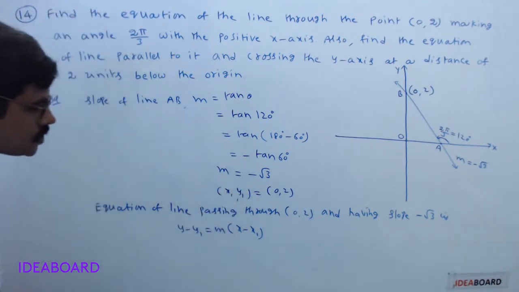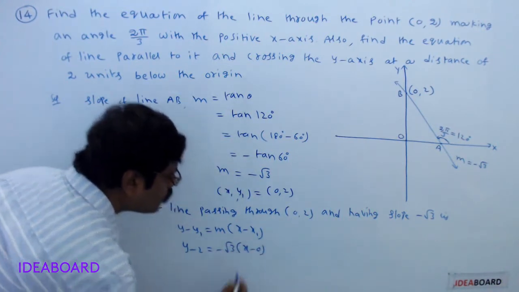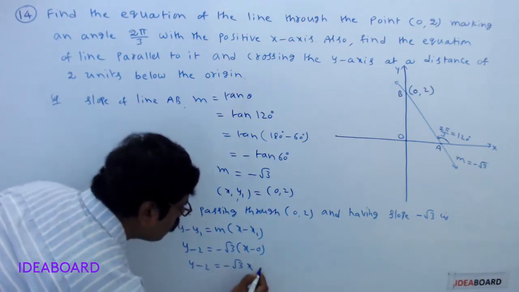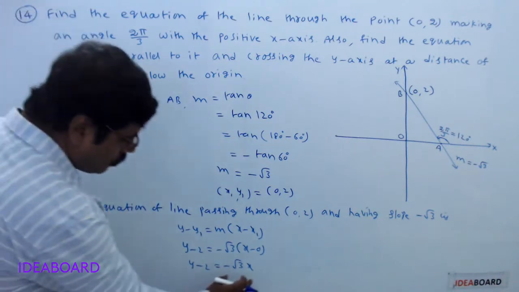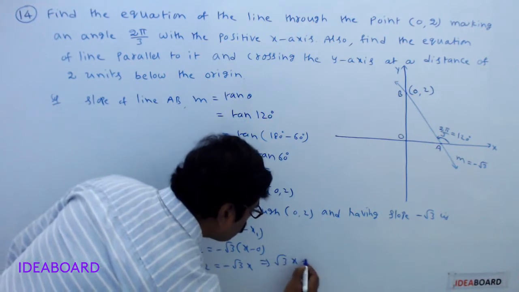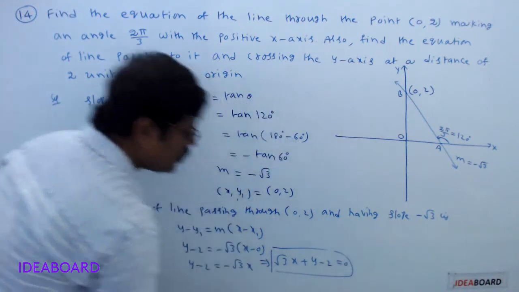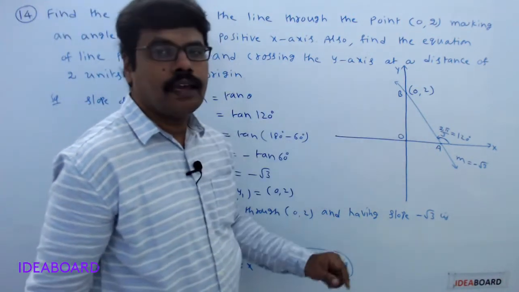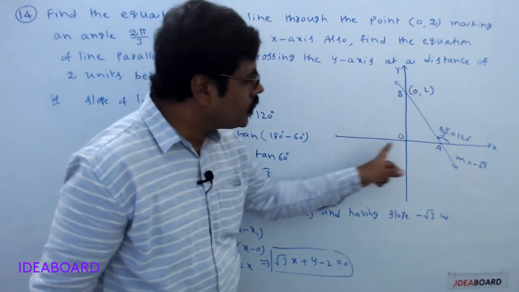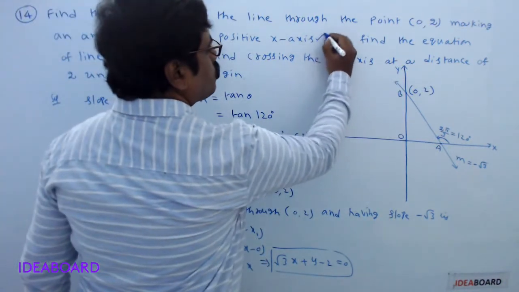Substitute the corresponding values in this formula. y minus 2 equals to minus root 3 into x minus 0. So y minus 2 equals to minus root 3 into x. Bring this term from RHS to LHS. So root 3 into x plus y minus 2 equals to 0. So this is the equation of a line passing through the point 0, 2 and making an angle of 120 degrees with positive x-axis. Now this is the first part of this problem.